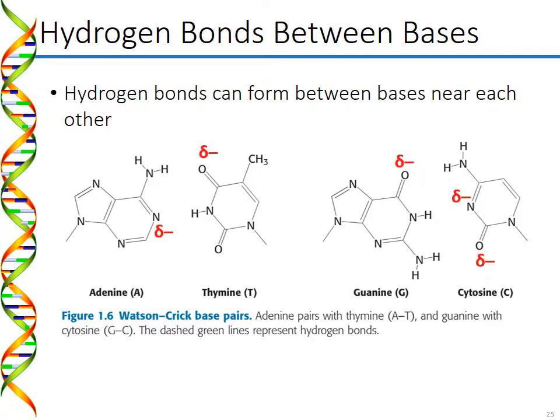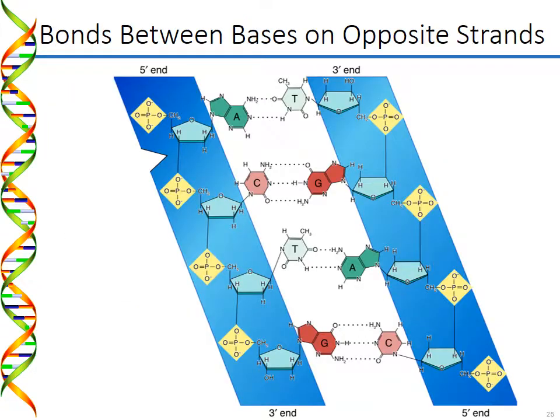As you can see, each of them has at least one electronegative atom, the nitrogens or oxygens. These line up with the respective hydrogens, and so they are able to form hydrogen bonds between the electronegative atoms and the hydrogens on the corresponding base.